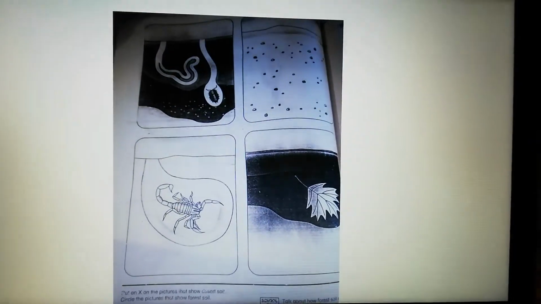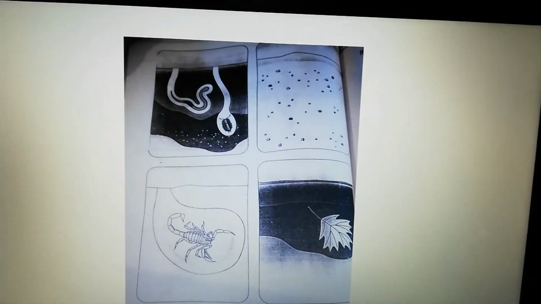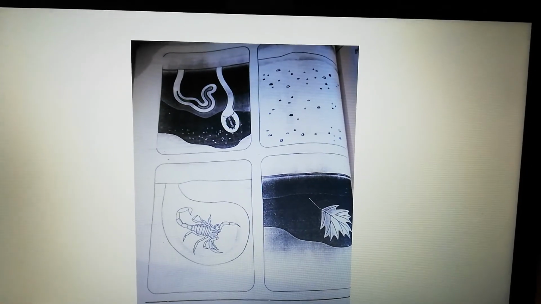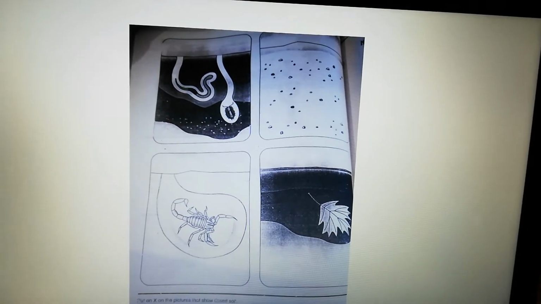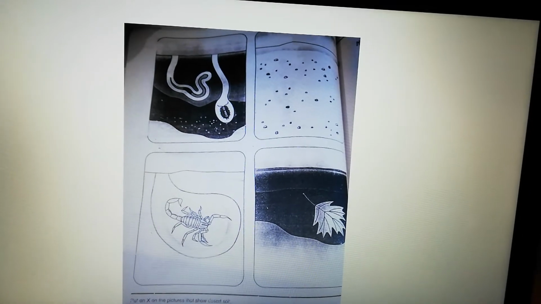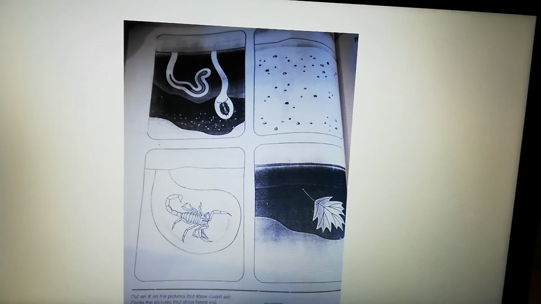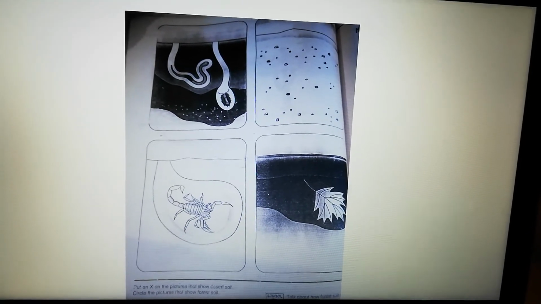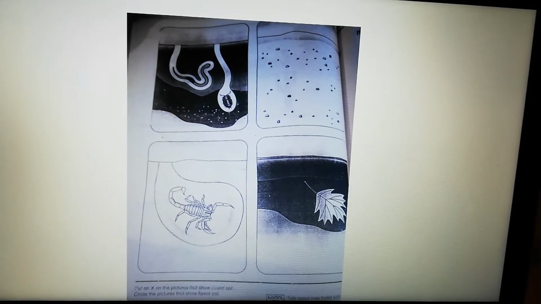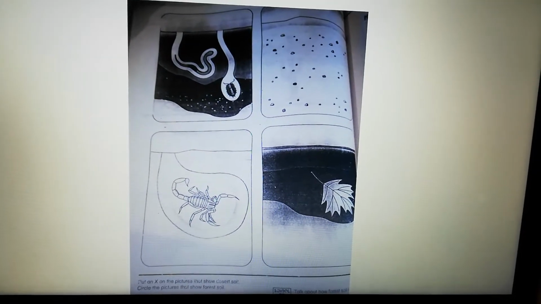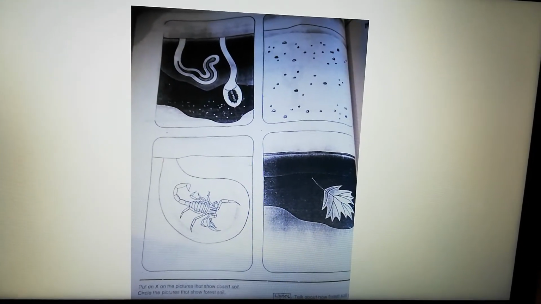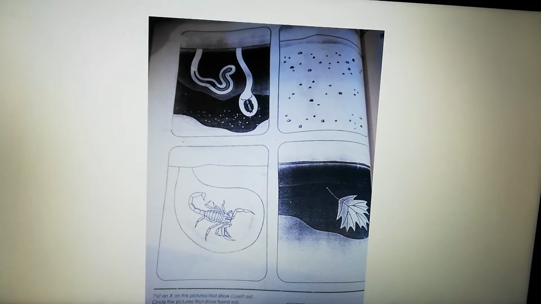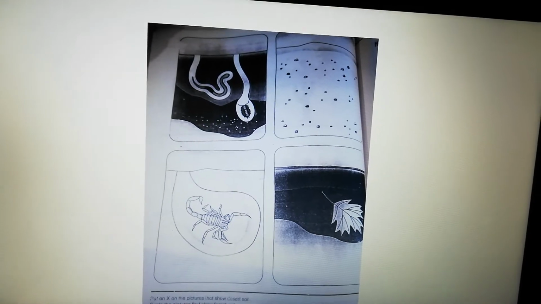Now, this is also a comparison between a desert soil and a forest soil. So inside a forest, you can see the earthworms, you can see also the leaves of a plant that are falling on the ground, while in the desert, you only see sand, stones, and certain animals such as a scorpion.